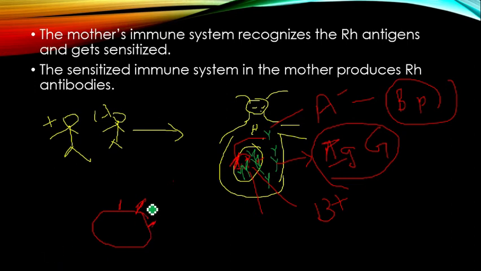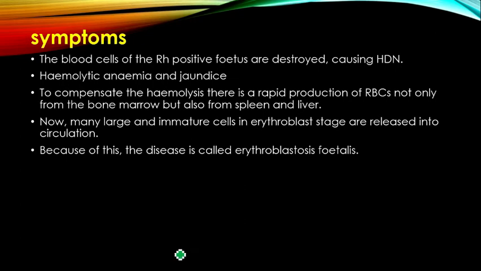The Rh antibodies which enter from the mother to the fetus go and interact with the Rh antigen present on the RBC of the fetus, which leads to harmful symptoms, that is, destruction of the fetal RBC, which leads to hemolytic anemia and jaundice.